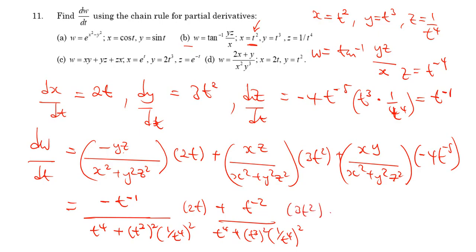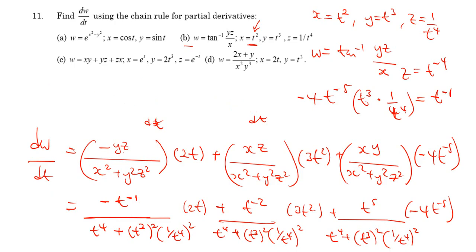Then this here is going to be on top, you have 5t, replacing that there, then you have t to the fourth, then you are going to have plus t cubed squared, then you have 1 over t to the fourth, then you're squaring this here, then you're multiplying this by negative 4 t to the negative 5 like that. Nice. So now next we clean this up.